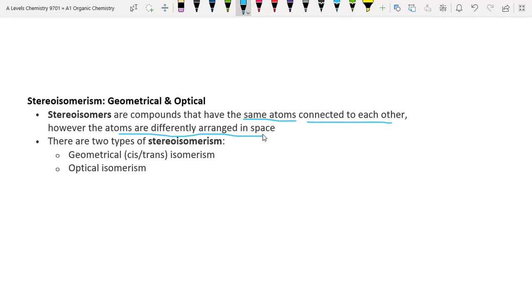So we can say that stereoisomerism is the type of isomerism that arises due to the different space orientations of the atoms in a compound. Similarly, stereoisomerism is further subdivided into two main categories, that is geometrical isomerism or cis-trans isomerism, and then optical isomerism.